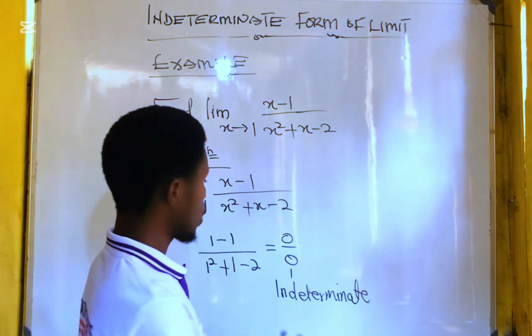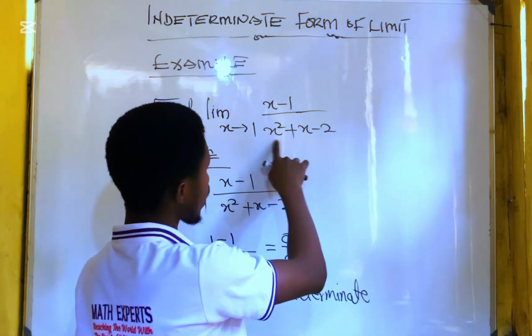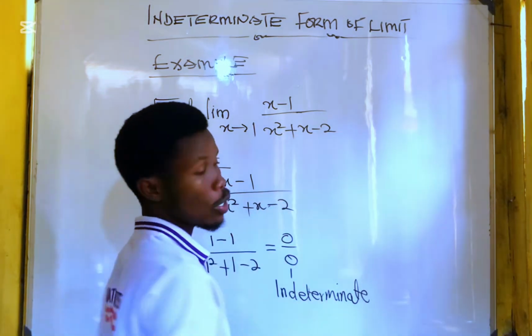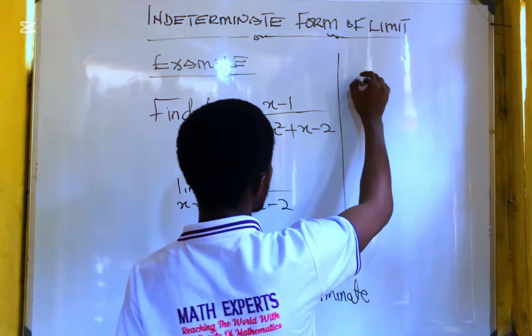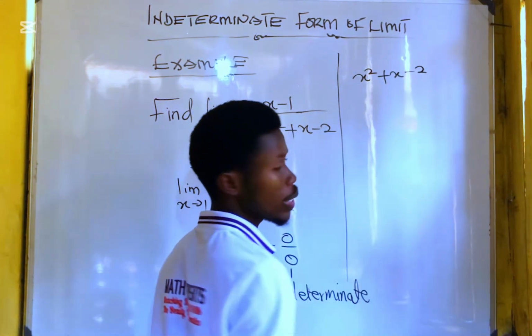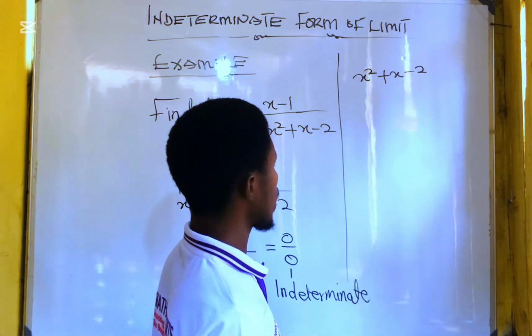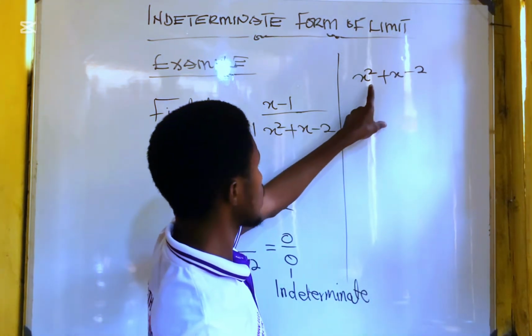Some algebraic simplification. So looking at this, the denominator x squared plus x minus 2 is quadratic, okay? So for this quadratic, I can simplify it.